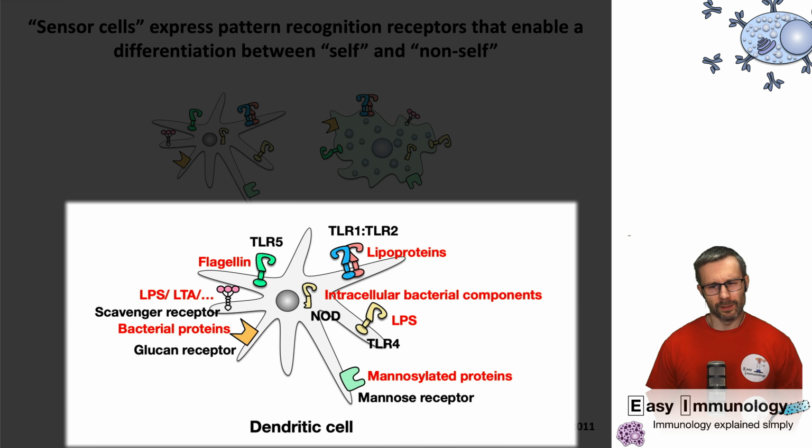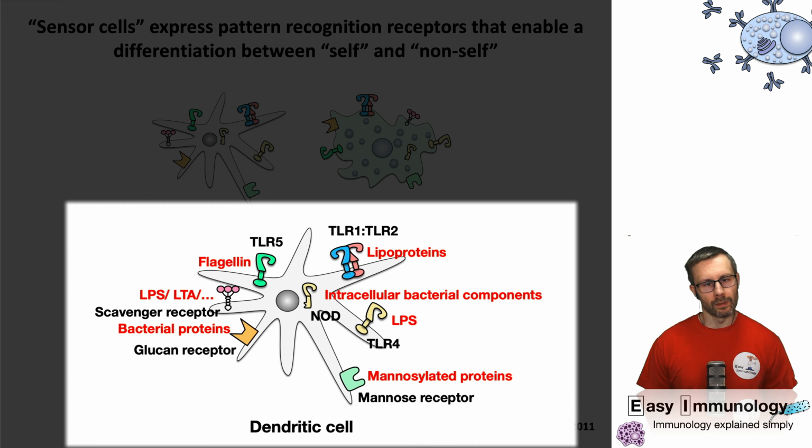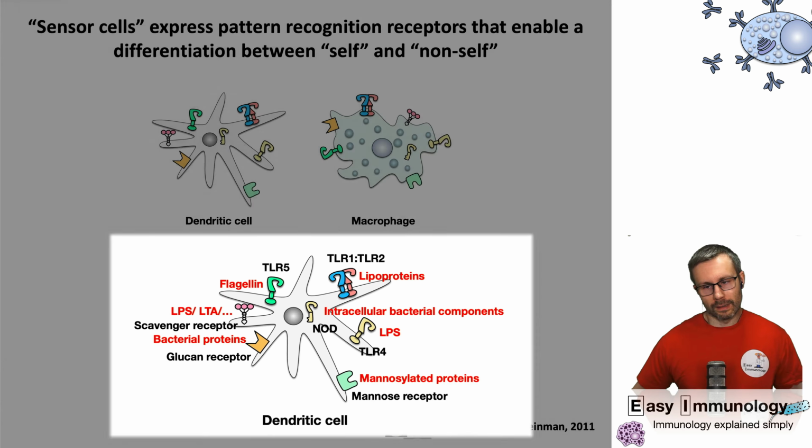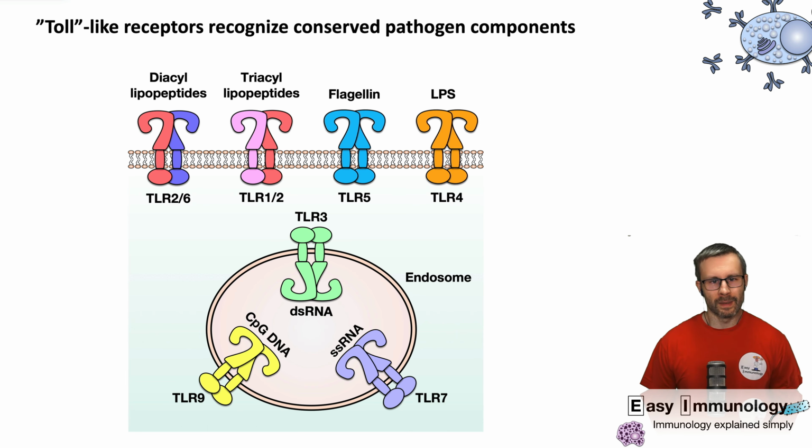It's not so important for you, but there are, for example, toll-like receptors that recognize flagellin, for example, toll-like receptor 5. Then you have toll-like receptor 4 that recognizes certain sugar lipid structures called lipopolysaccharides that are typically for gram-negative bacteria. There are intracellular receptors, so it's quite diverse.